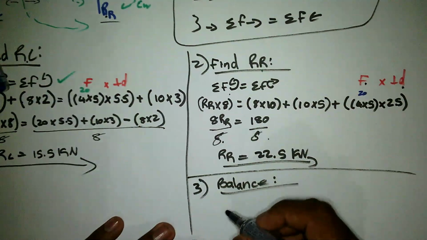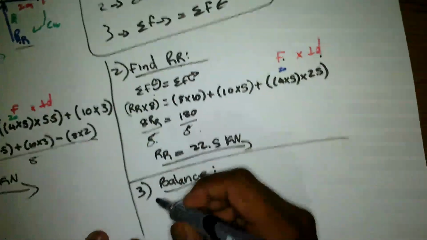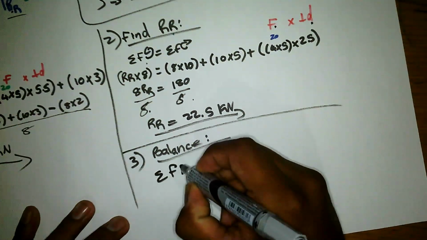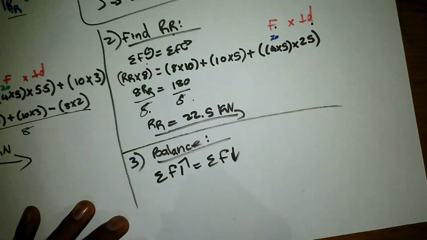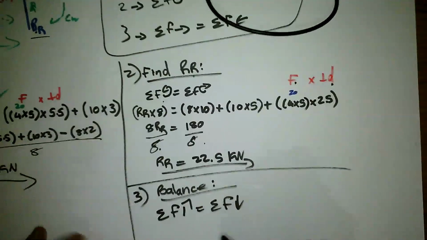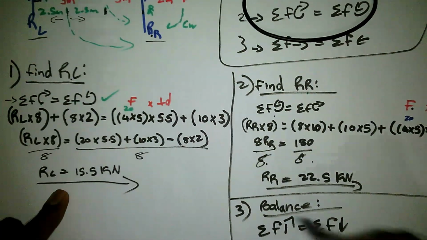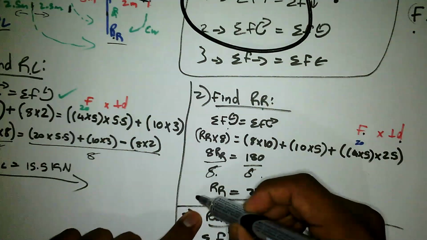So let's just read out our formula now. Here we've got sum of the forces going up equals sum of the forces going down. Okay? So up we've got RL. RL is pushing up. RR is pushing up.